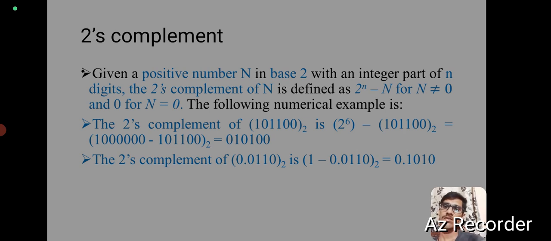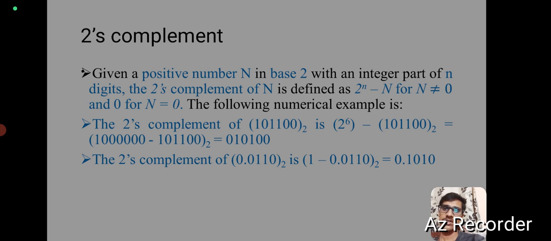Using the same formula, 2 to the power n minus the number N, there are two examples given in this slide. The first one is the 2's complement of 101100.